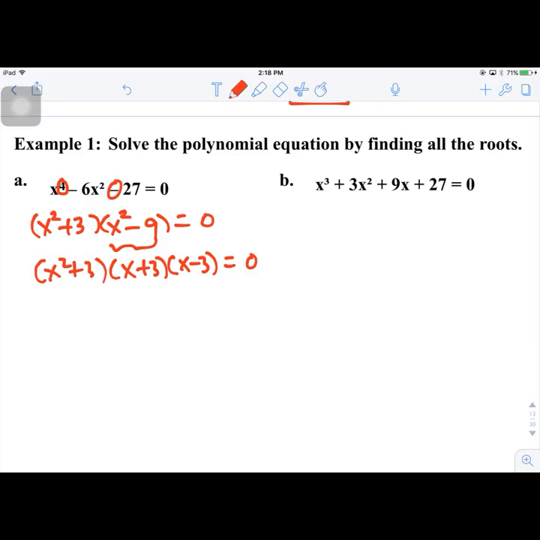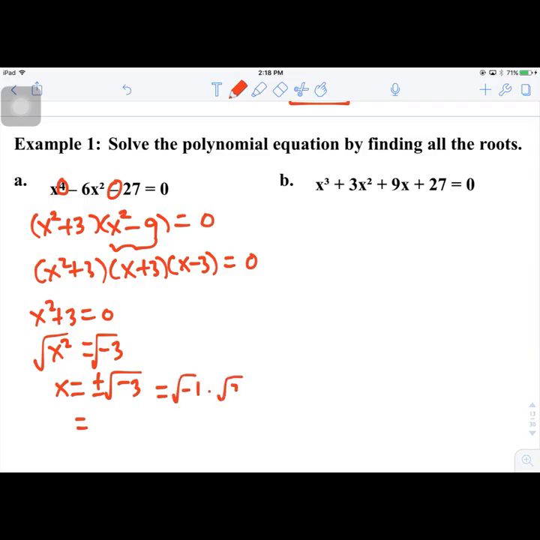We will have those 3 factors, and then we can actually solve these for 0. So x squared equals -3, and we have x equals plus or minus the square root, taking the square root of both sides of -3, and then that's actually equal to the square root of -1 times 3.